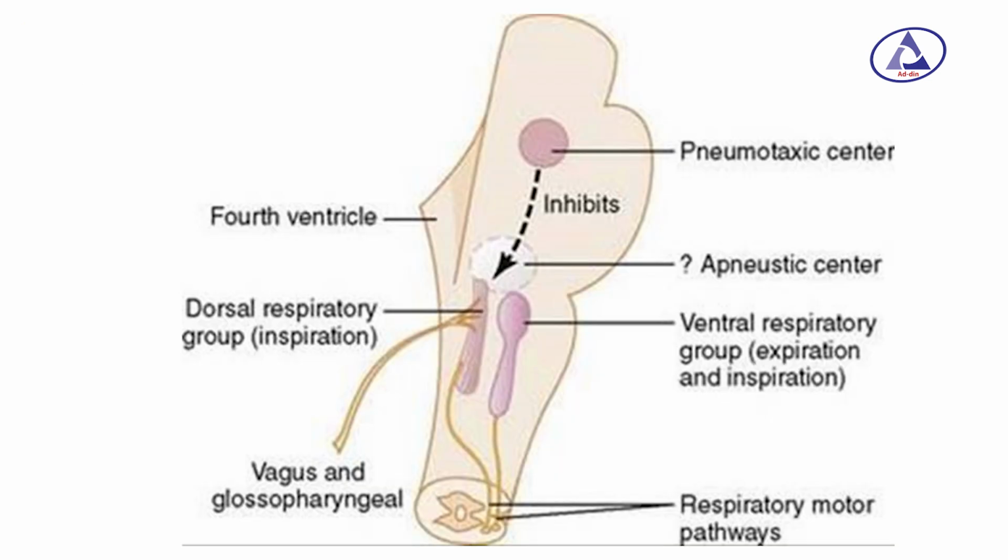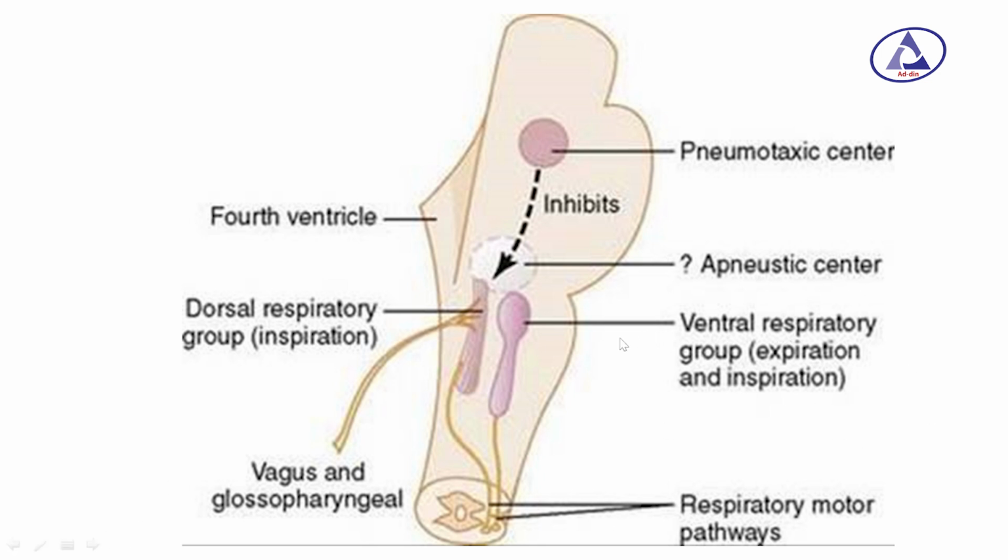This one is the dorsal respiratory group of neurons. And the ventral respiratory group of neurons is this one.